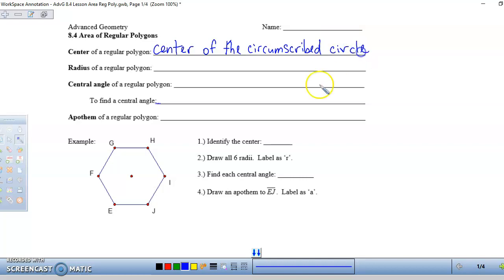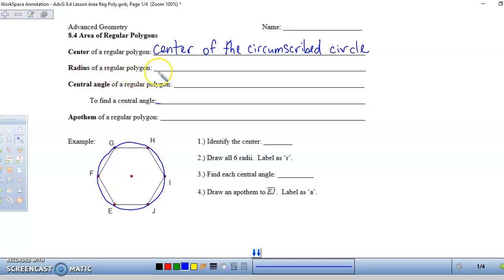So I will draw one down here on this regular hexagon. Circumscribed means it's going on the outside of the polygon. That's pretty good actually. Okay, so radius, next thing.